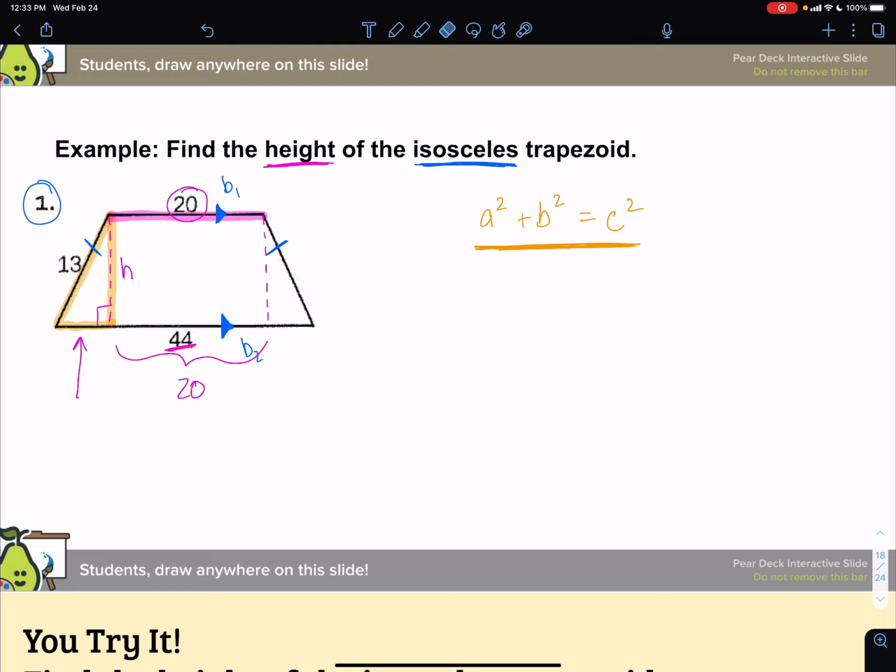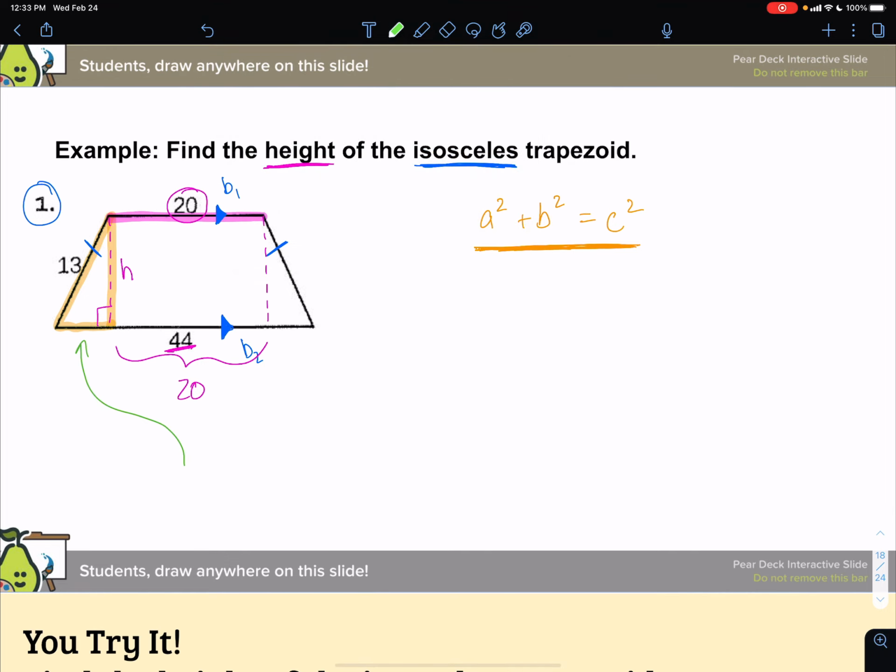Well, we know that in the middle, from one height to the other height, is 20 because that's how long the top is. And so that gives us some information. That's 20 out of our total 44. And so that means what's left over for that side and that side is 44 minus 20, right?